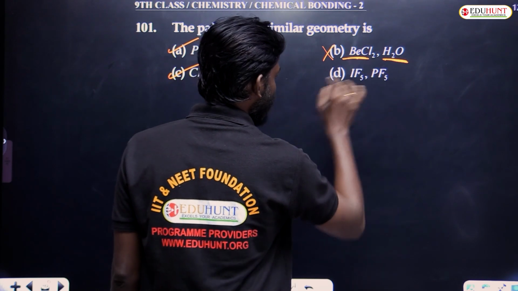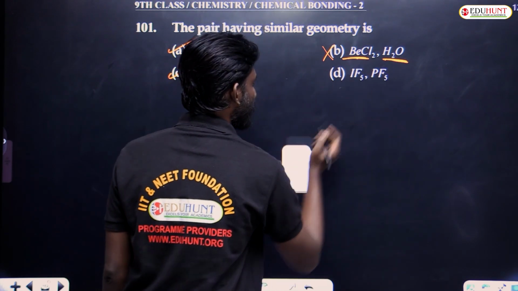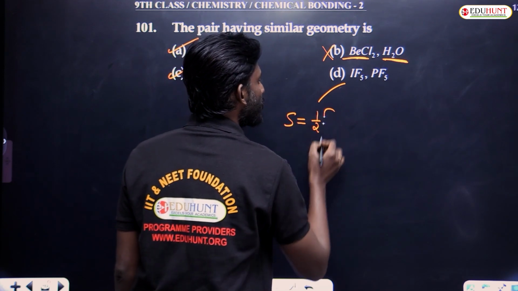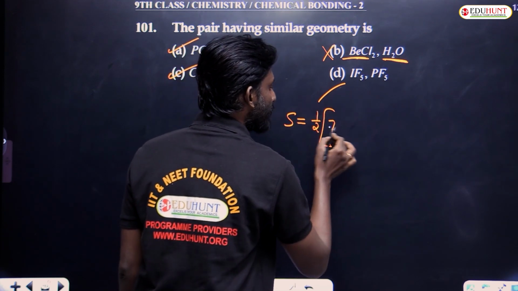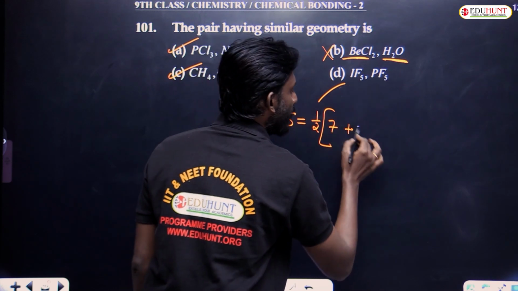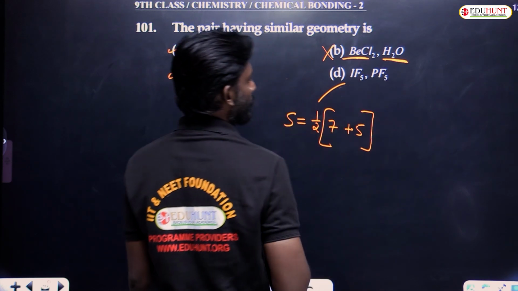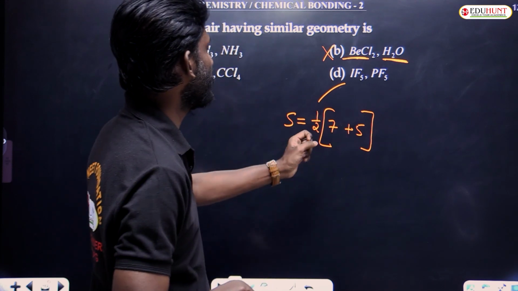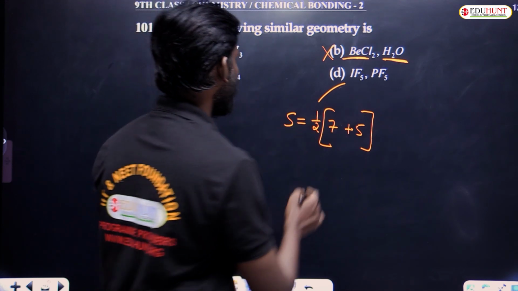What about IF5, iodine? Let me do it for IF5. S is equal to 1/2 times of iodine valence electrons, which are 7, plus 5. Okay, so 7 plus 5, this is 12/2, 6.